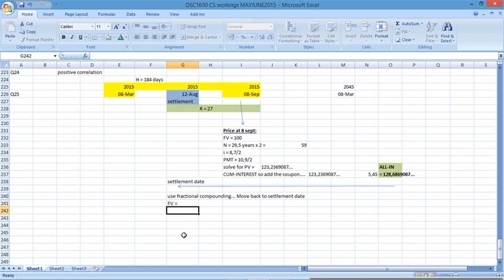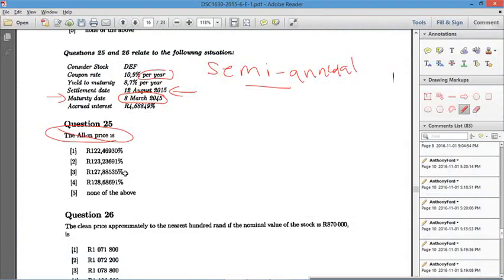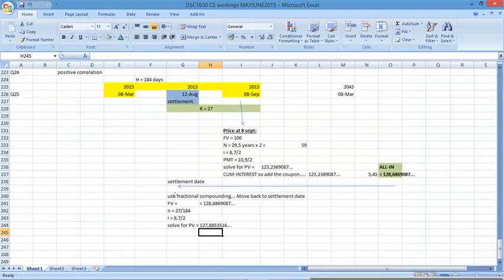Future value is obviously this answer over there. And I get that answer exact. So if I'm looking at my options, I'm obviously going to choose option number 3.